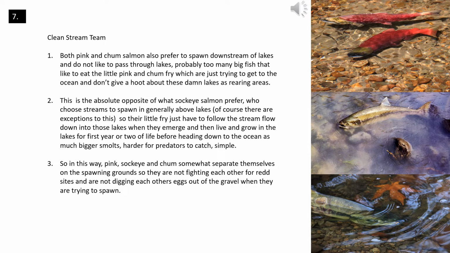So you take the three species, and if they're all trying to get out on April 1st, they're all going to show up in the same patch of gravel, and it's not going to end well for some of them. Generally, the bigger bodied fish overwhelm the smaller bodied fish and push them off the spawning grounds. So we'll talk a bit more about that.